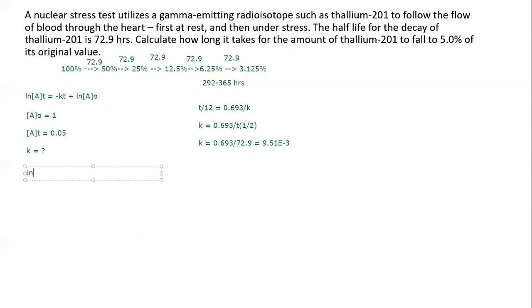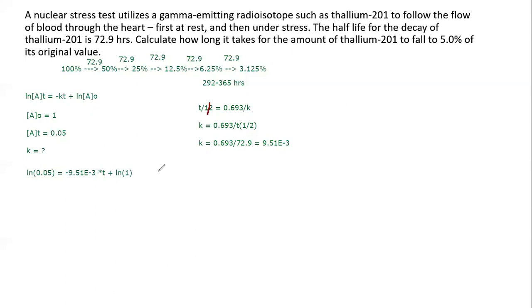So ln of 0.05 equals negative... And again, the ln of 1 is 0. Yeah, it's supposed to be t1/2, not t to the 12.